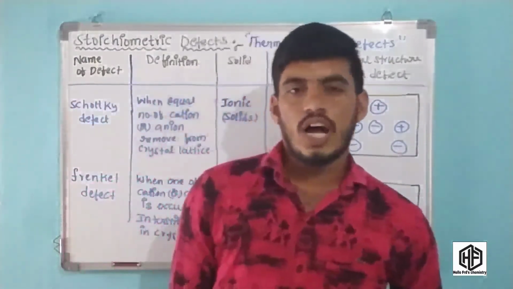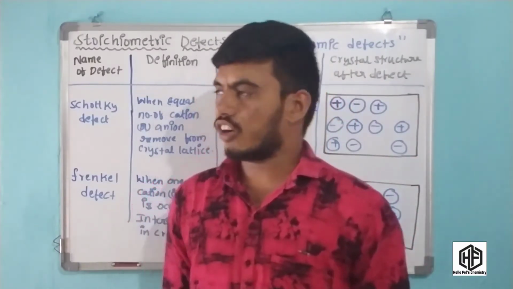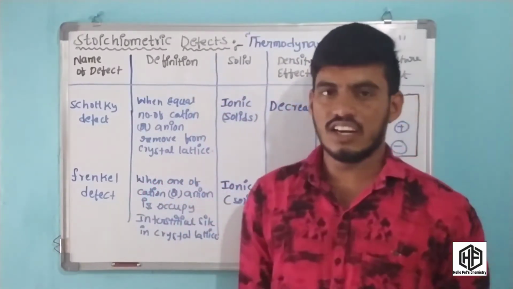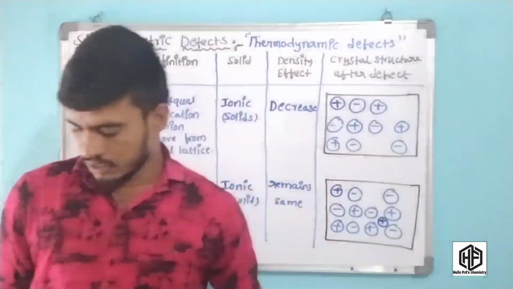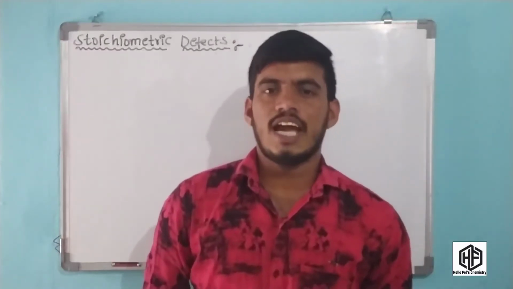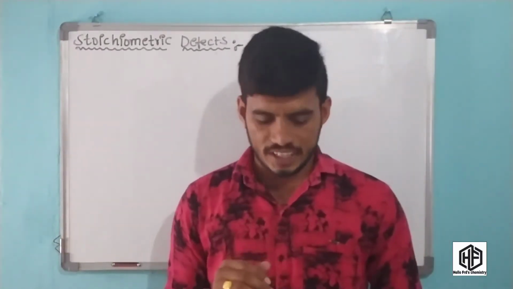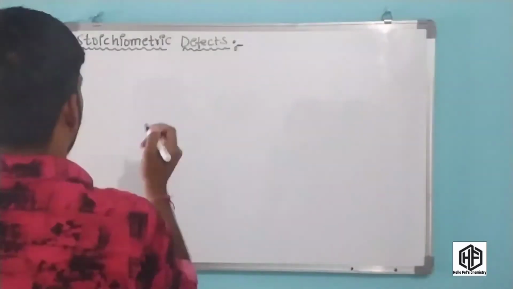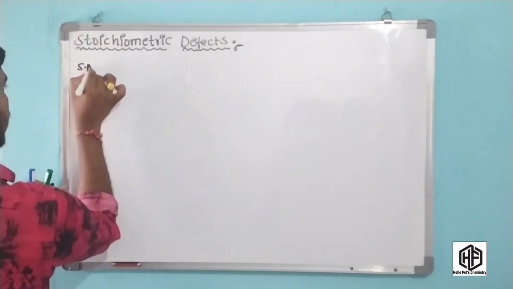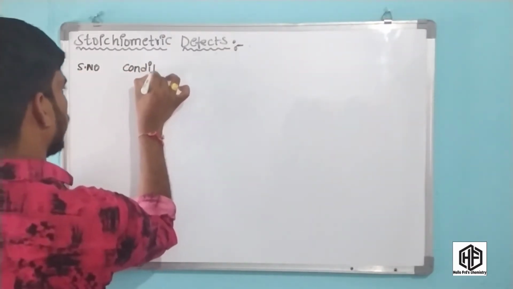Okay, friends, now I am going to discuss the important conditions of these Schottky and Frenkel defects. Now I am representing a small table like this. First of all, serial number, and second, the conditions of these two defects.